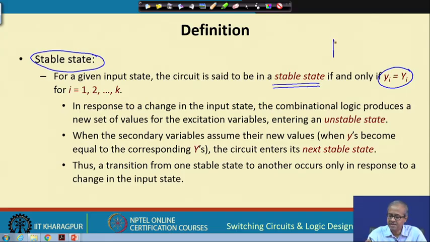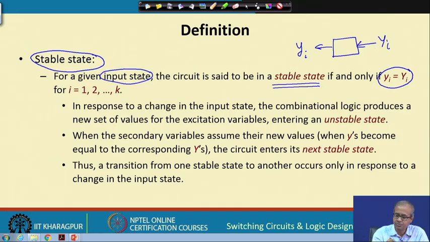Because for the delay elements, the input was capital Y i and the output was small y i. So, when all these outputs that you are computing based on a given input have been moved to y i, you call that the circuit is now in a stable state.